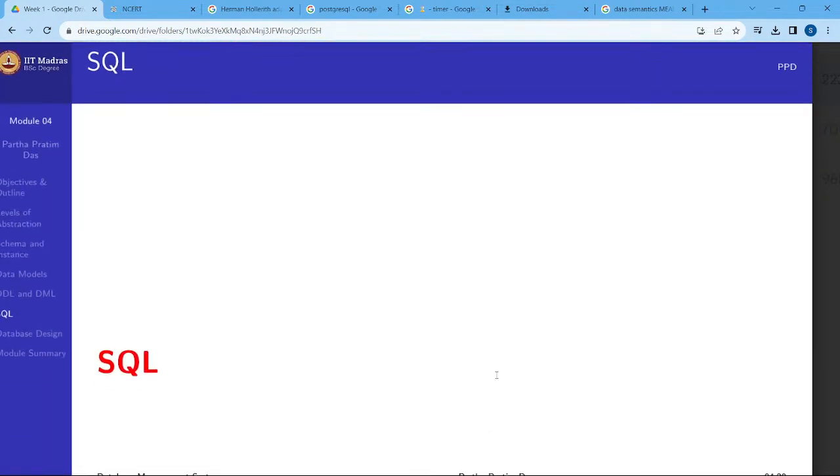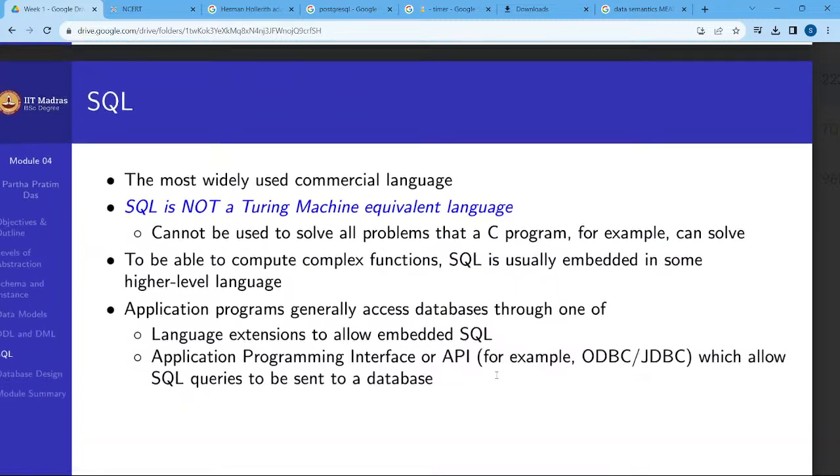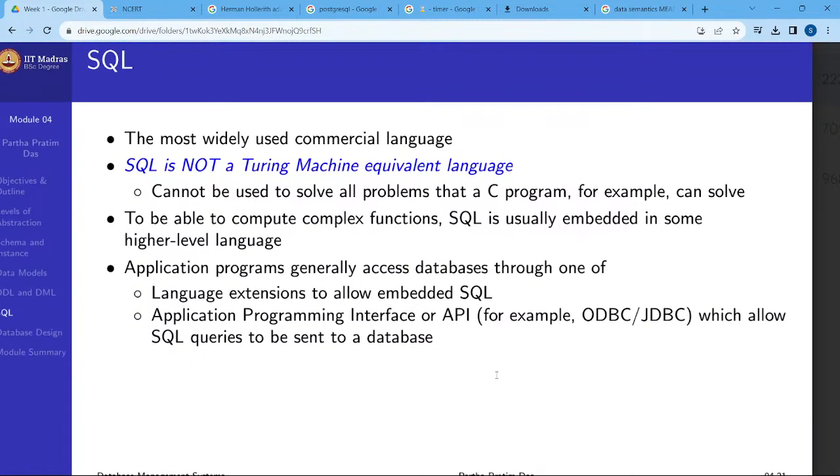SQL. Okay, what is SQL? The most widely used commercial DML and DDL language. SQL is not a Turing machine equivalent language. That is, it cannot solve all problems that a higher level programming language like C or Python can, but can solve problems regarding a database system or a database table.